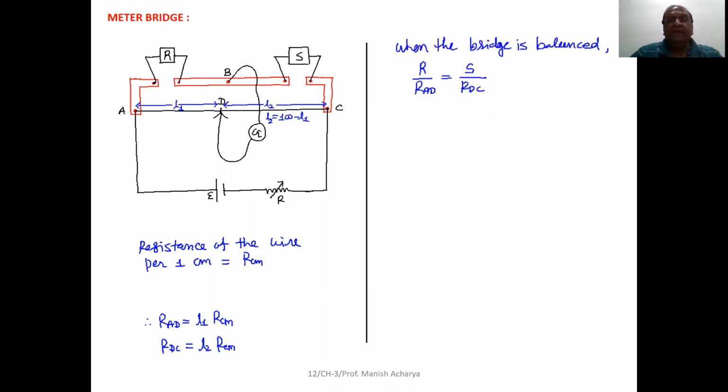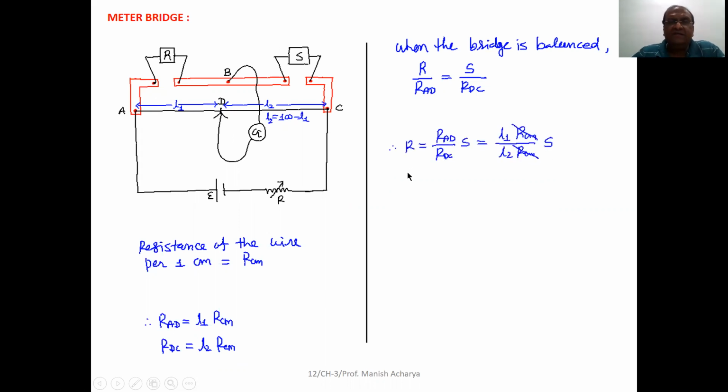Now, when the bridge is balanced, resistance R upon the resistance of the AD part is equal to resistance S upon the resistance of the DC part.